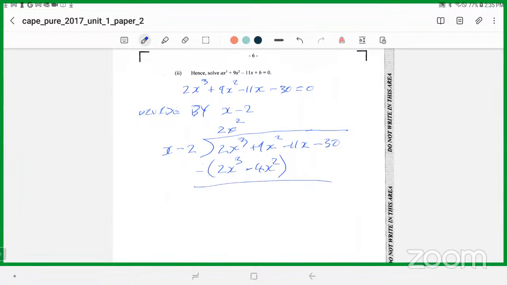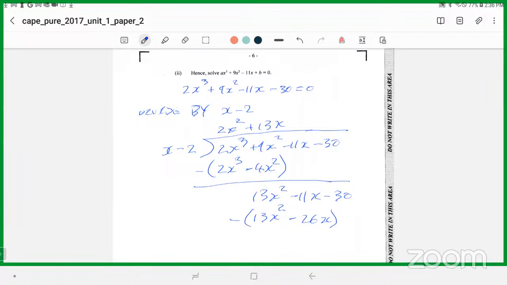Subtract. The minus and minus make this a plus. There's a positive 4x squared plus 9x squared, 4 and 9 is 13x squared, minus 11x minus 30. And this one divided by that gives me 13x. 13x times these gives me 13x squared minus 26x. Subtract.